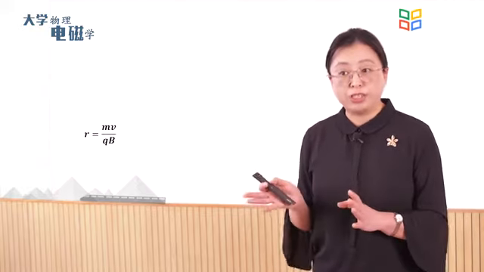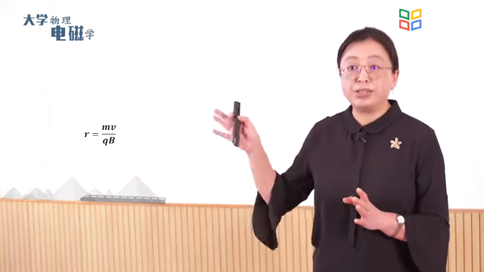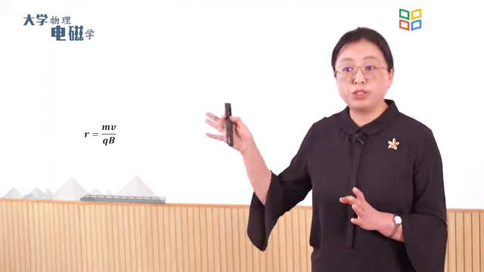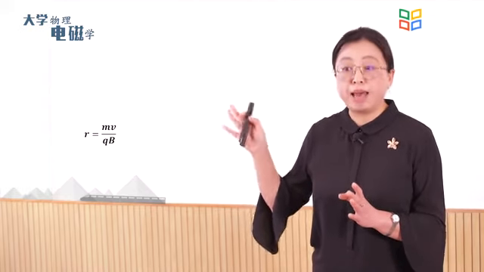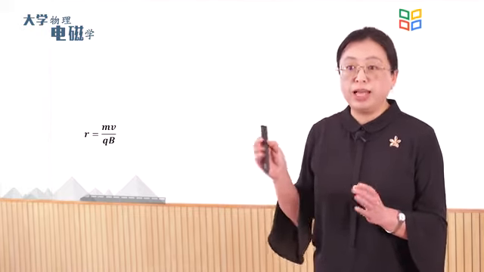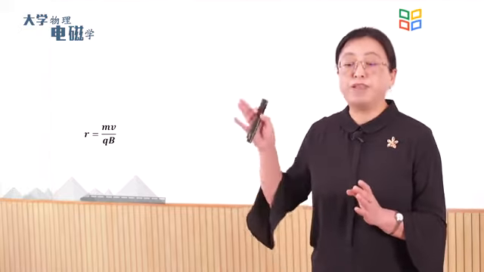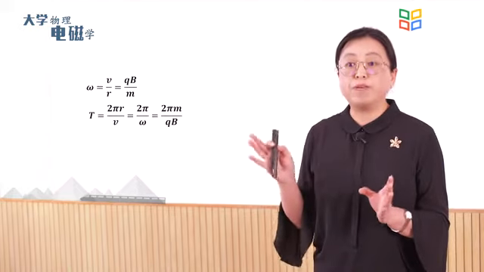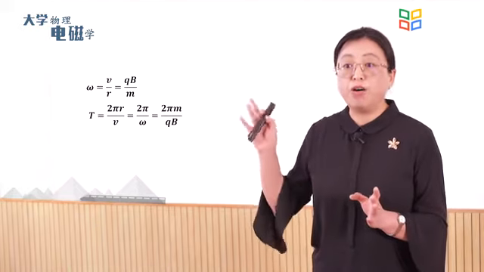From this expression, we can see that the radius of the path is proportional to the linear momentum mv of the particle and inversely proportional to the magnitude of the charge on the particle and to the magnitude of the magnetic field. The angular speed of the particle equals v over r.